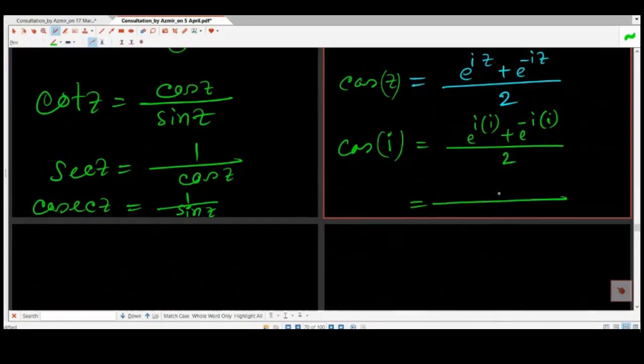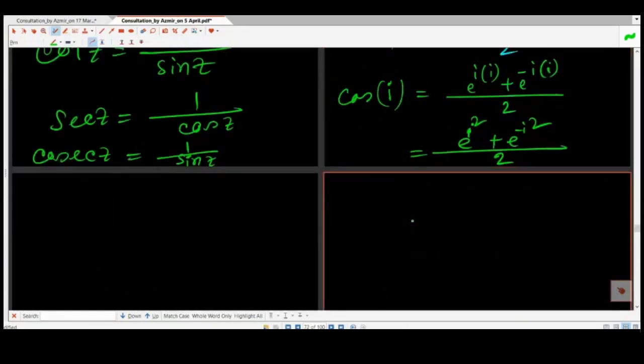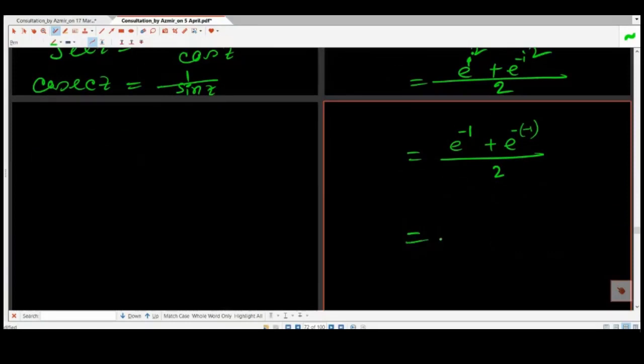So we have e to the i squared plus e to the minus i squared over 2. We have e to the minus 1 plus e to the 1 over 2.